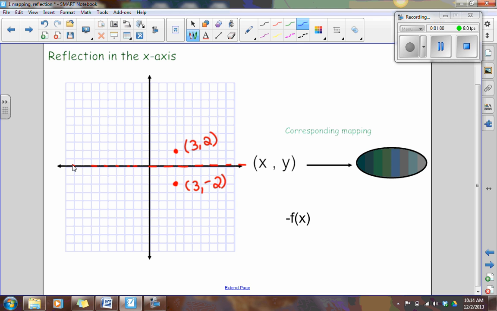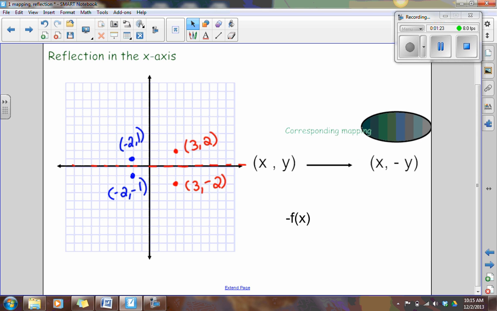Just to give you another idea of what that looks like, say we have the point -2, 1. That point is going to reflect over the x-axis to -2, -1. Notice the x value stays the same, and what changes is just the y value. The y changes to the opposite.